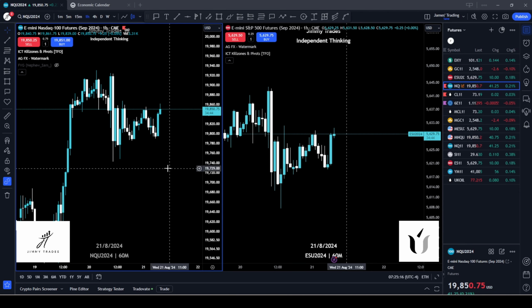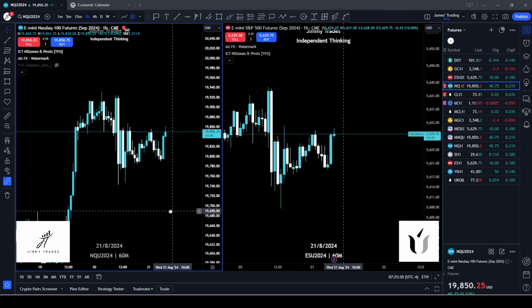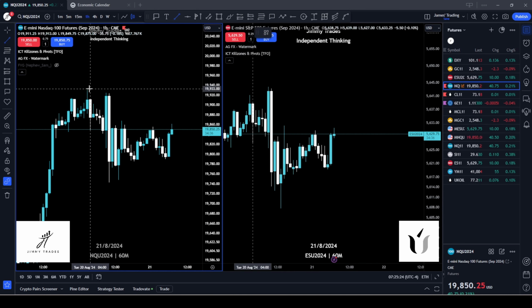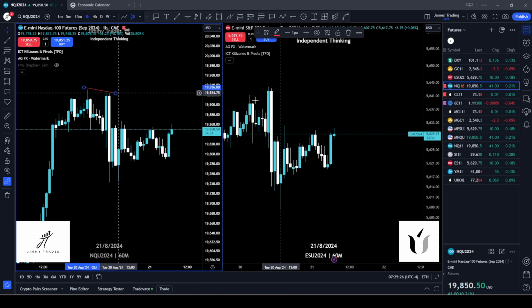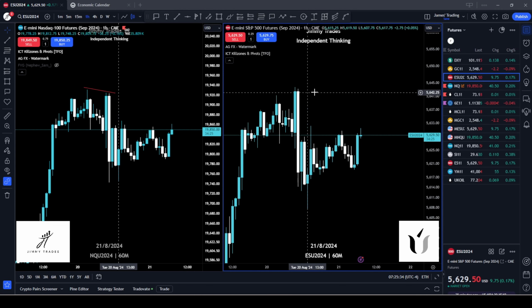And this goes to another reason why I'm also bearish. So at the highs here, we have a bearish SMT. NQ failed to create a higher high, whereas ES made a higher high here.